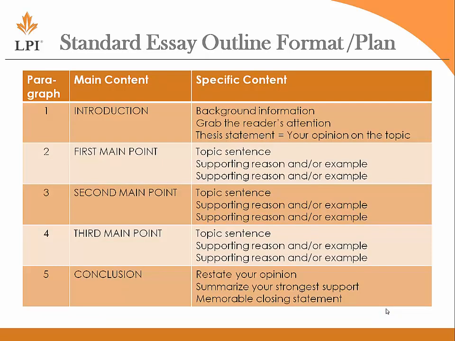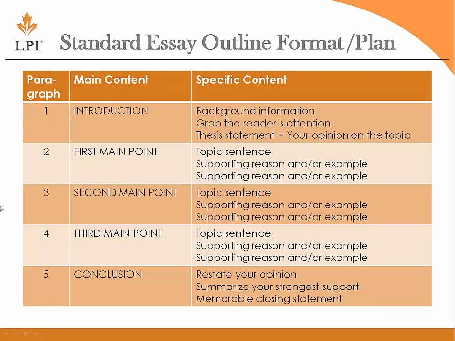First of all, let's make sure we all understand what a standard essay outline looks like. And as you can see, this chart shows you a fairly common format for an essay outline, which some people might also call a plan. So in this example, there are 5 paragraphs.